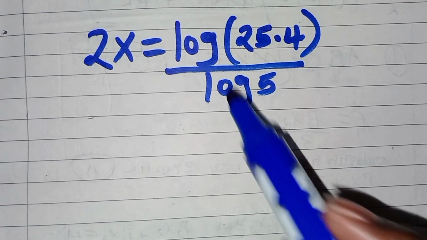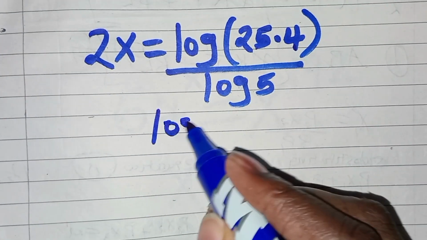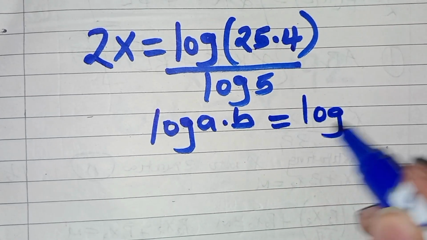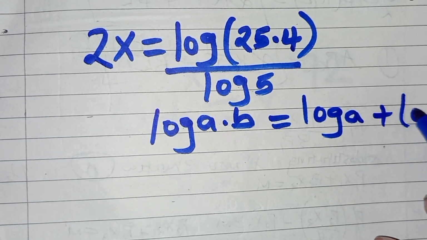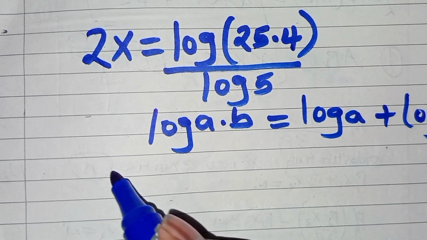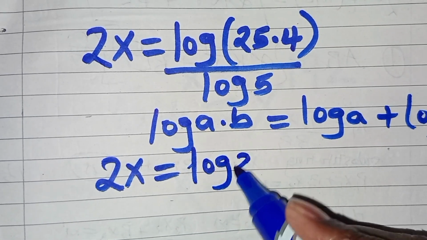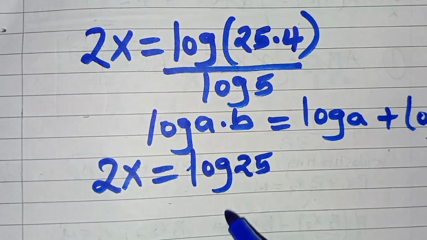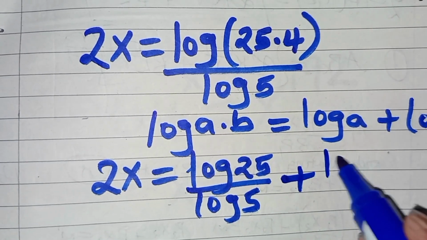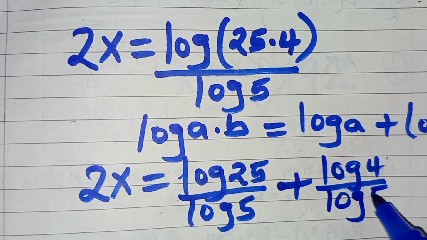Now we have log of 25 multiplied by 4. This is in the form of log a multiplied by b, which you can express as log a plus log b. Applying this logarithm property, we'll have 2x is equal to log 25 divided by log 5 plus log 4 divided by log 5.